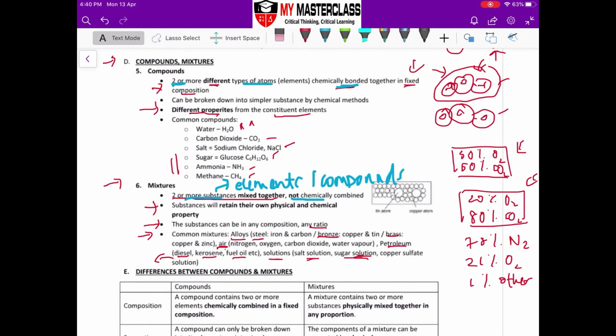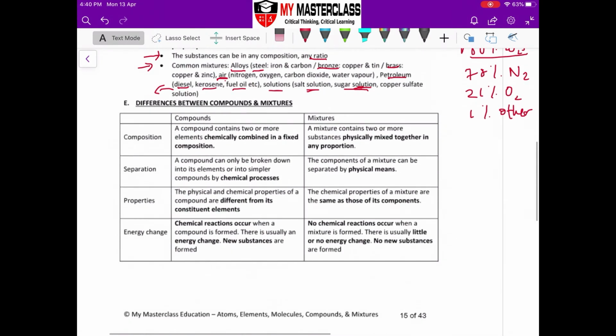Okay, so this table over here summarizes the key differences between compounds and mixtures. Please remember that this is a very common question that is being asked. So recall the composition of compounds. It must be fixed, right? 2 hydrogen, 1 oxygen, must be water.